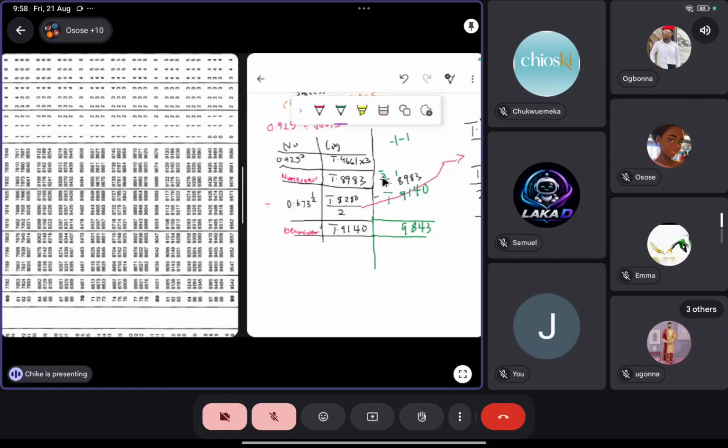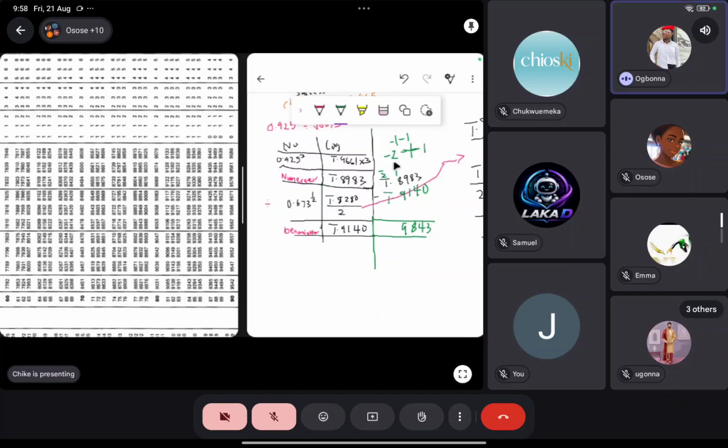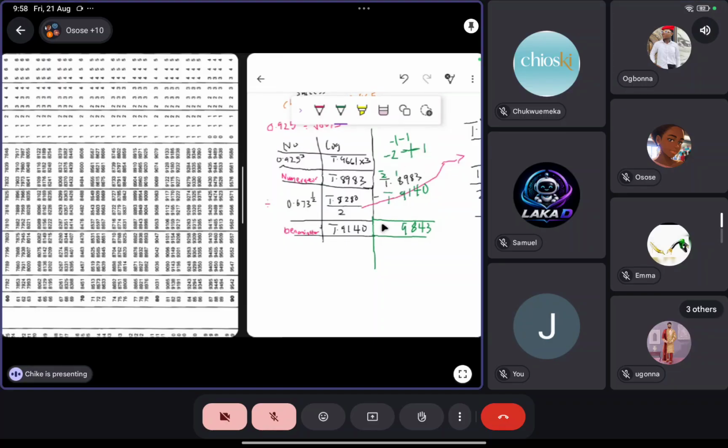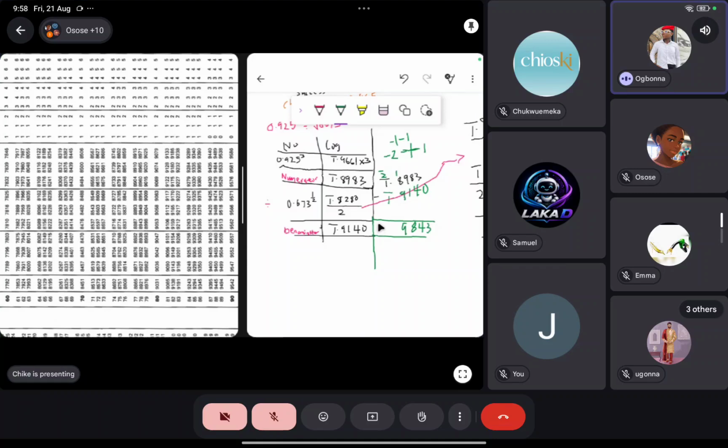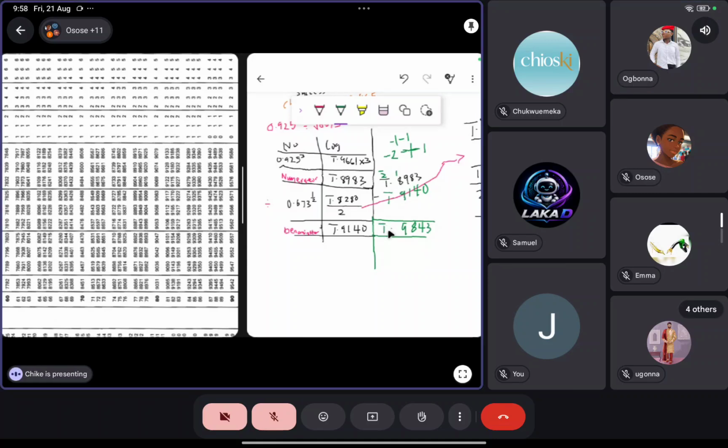Now I have bar 2 minus bar 1, which is minus 2 minus minus 1. Minus minus is plus. So minus 2 plus 1 is minus 1, which is bar 1.